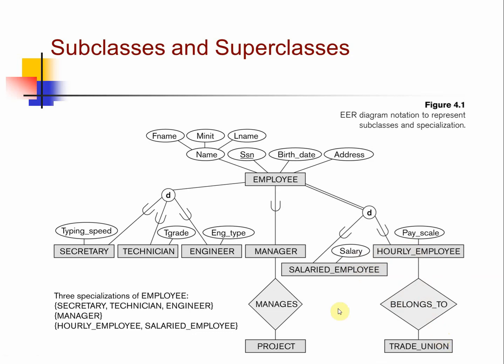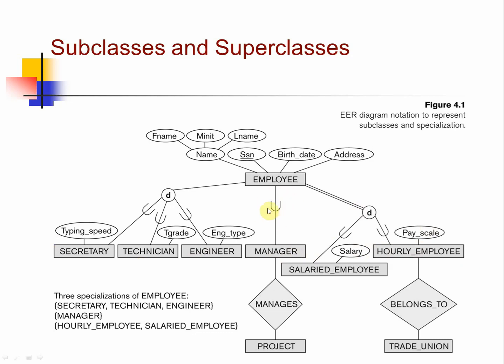So you can see that based on this EER diagram, of course, the difference is that you have the superclass and subclass concept. You may already notice this special sign that looks like a fork to me. It indicates the superclass and subclass direction.